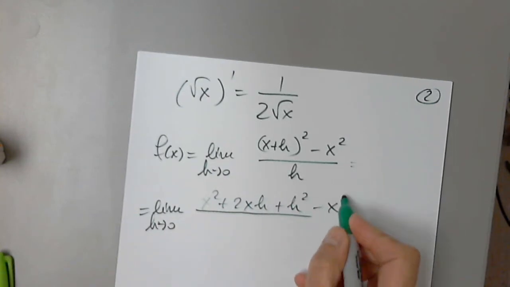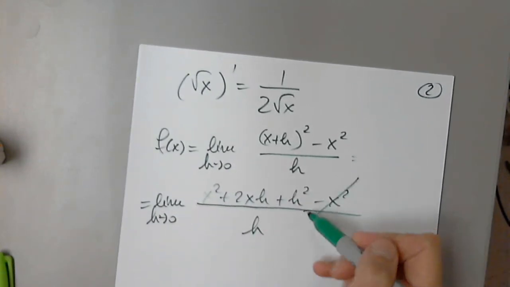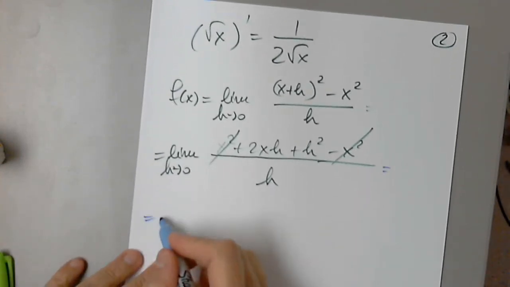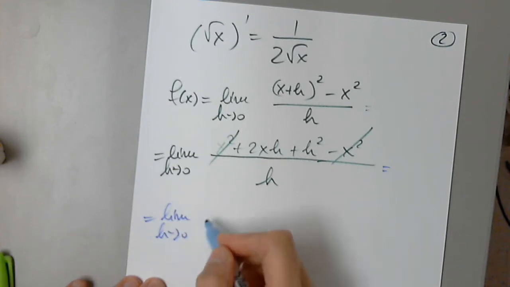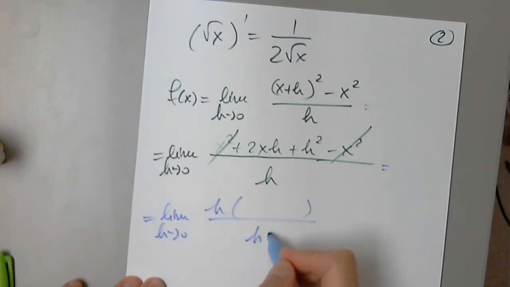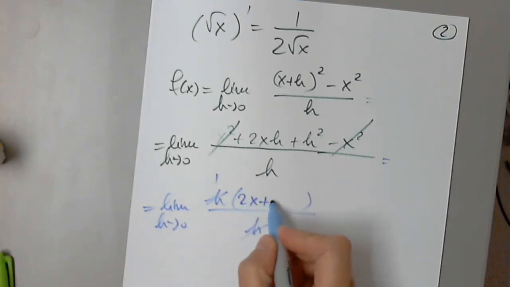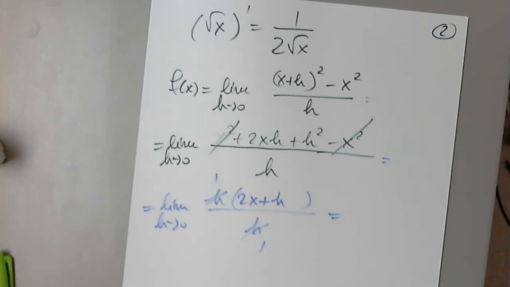Very good. As expected, those terms without h went away, and as expected, we will factor out an h. That will remove the h from the denominator. So can anyone tell us what is left at the top? 2x plus h. And finally, we can determine the limit and drop the limit operator, which gives 2x.